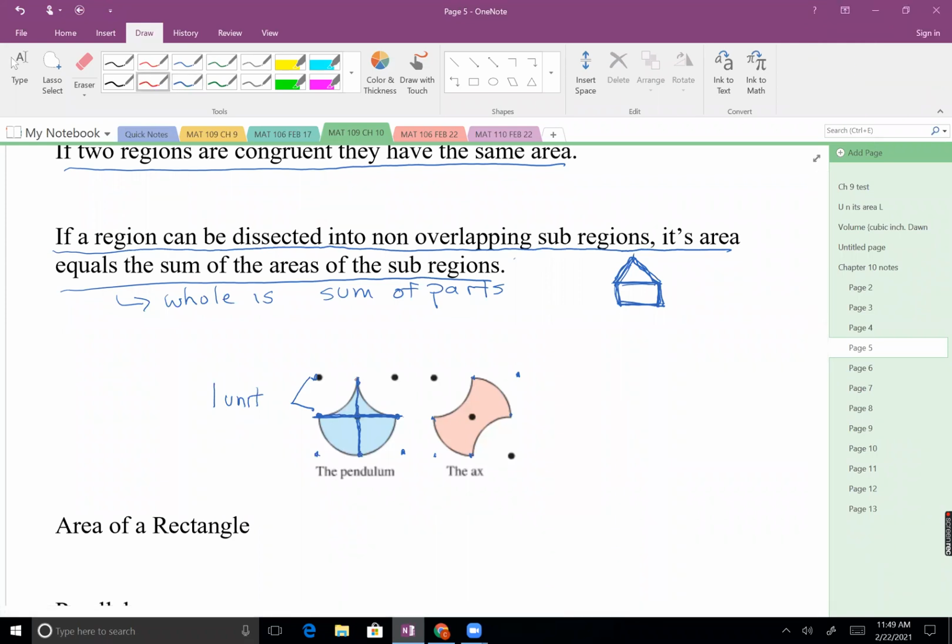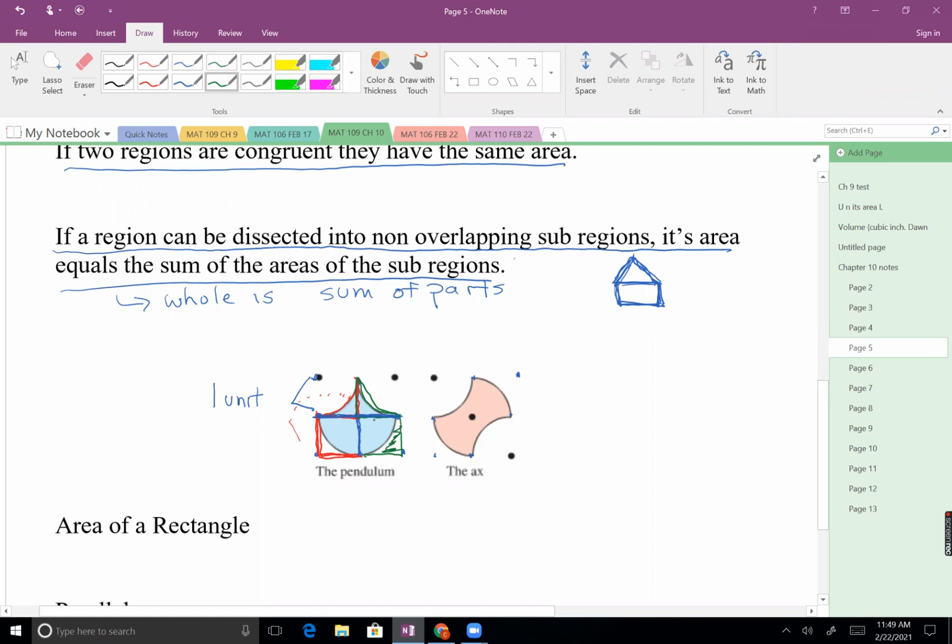And now if I look at this little piece here, couldn't I take that little piece and move it over, and wouldn't it fit here perfectly? And in the same way, couldn't I take this little piece and move it down here, and wouldn't it fit perfectly?